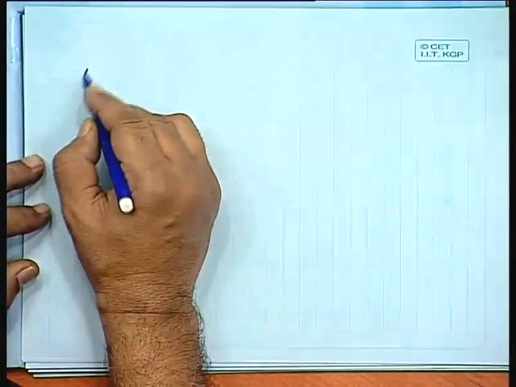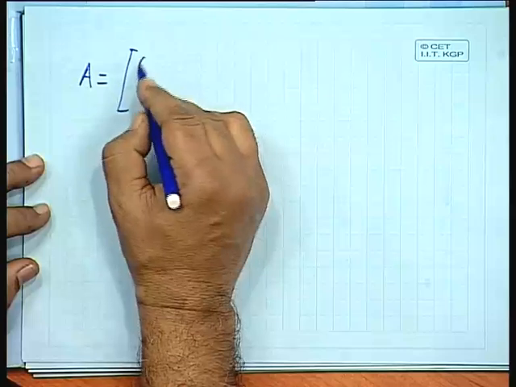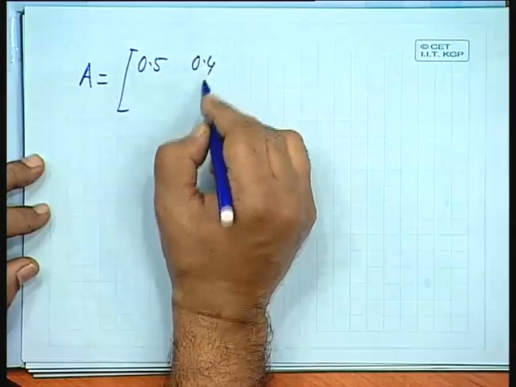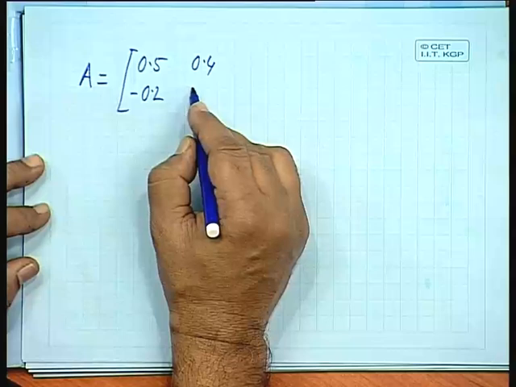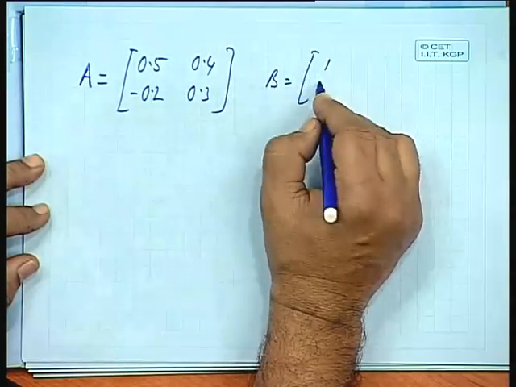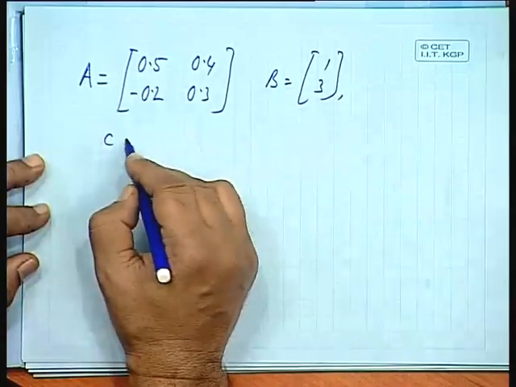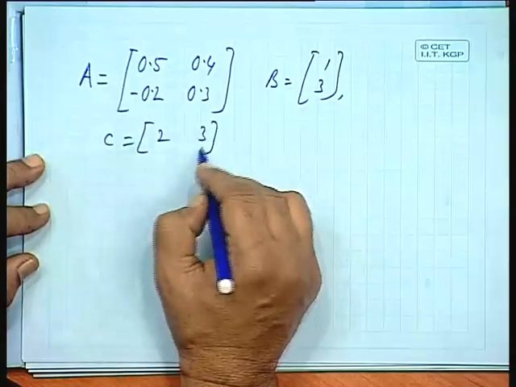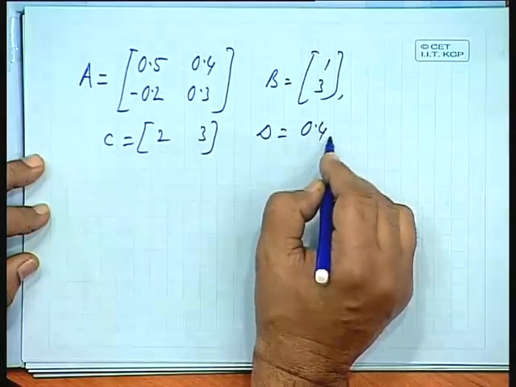So, now we will take up an example. Given A as 0.5, 0.4, minus 0.2, 0.3, B as 1, 3, C as 2, 3 and D as 0.4.